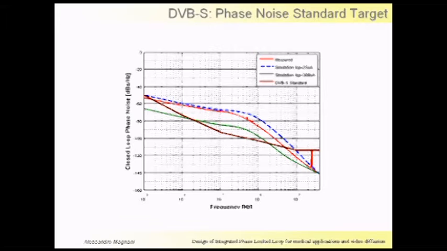In fact, if we compare the phase noise simulated with a charge pump of 300 microamps, we are not really so far away from the DVB-S standard. So this is demonstrating that, today, silicon technology is very promising to realize a receiver for the DVB-S standard.